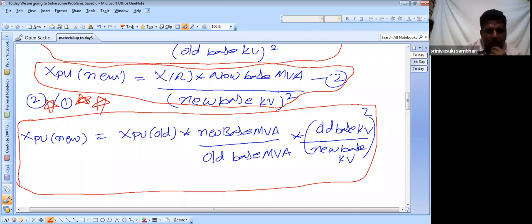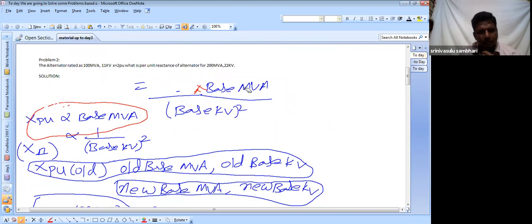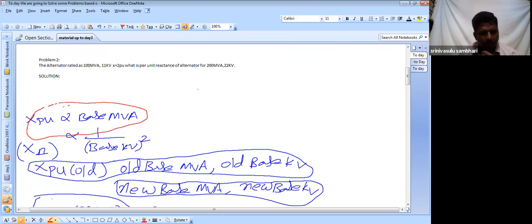Now here, see in the second problem. What is given? The alternator is rated as 100 MVA, 11 kV, X equal to 5 per unit. What is the current reactance of the alternator for 200 MVA, 22 kV?